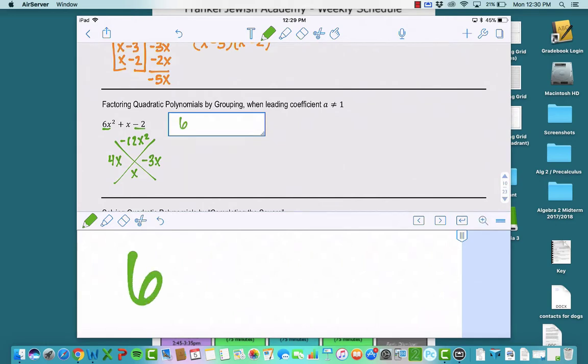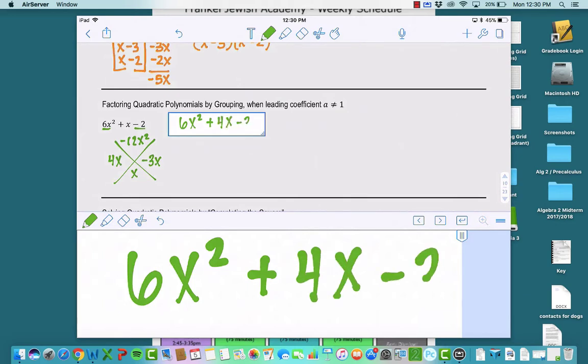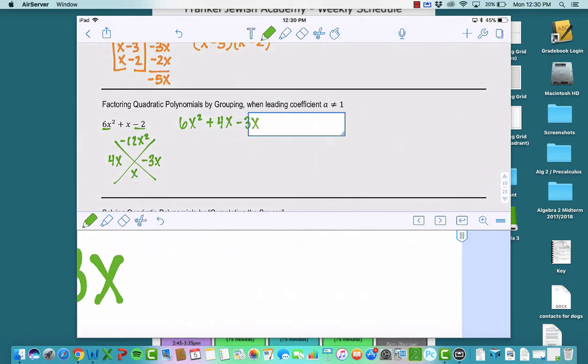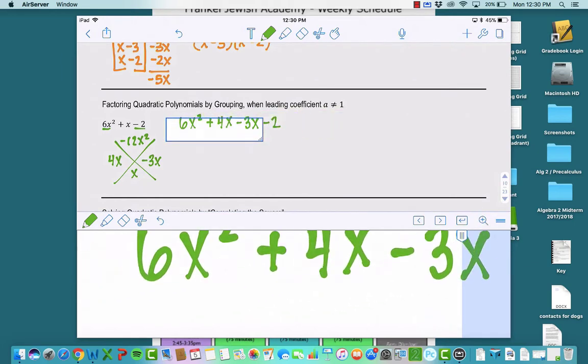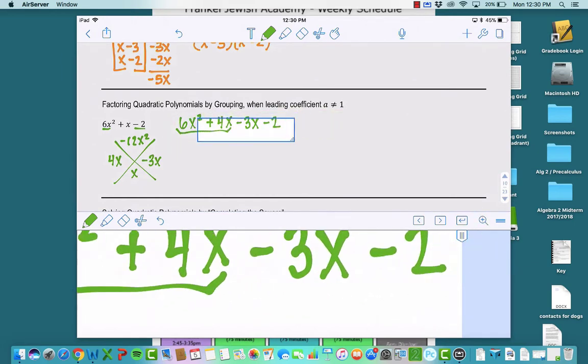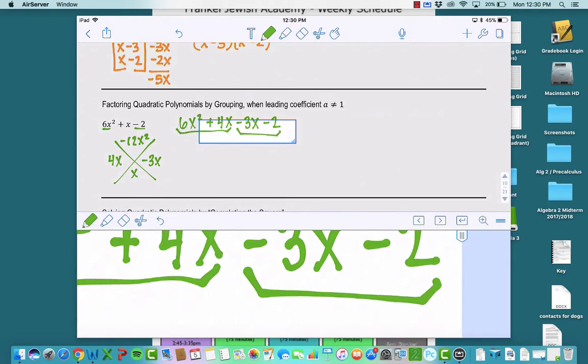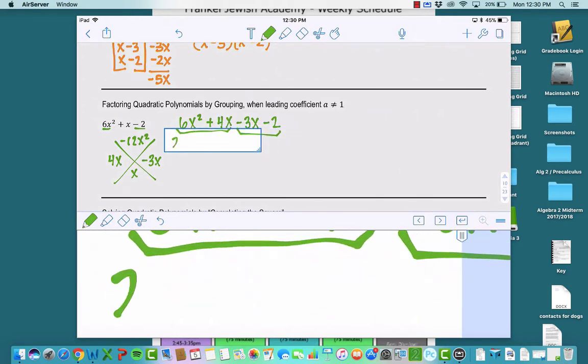So then I change the grouping. I do 6x squared plus 4x minus 3x minus 2. I group the first two together and the last two together. I factor out a 2x from the first two to get 3x plus 2.